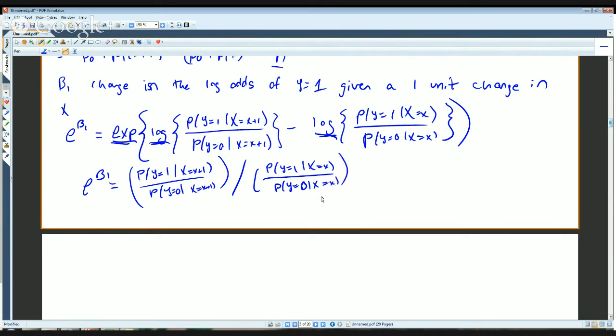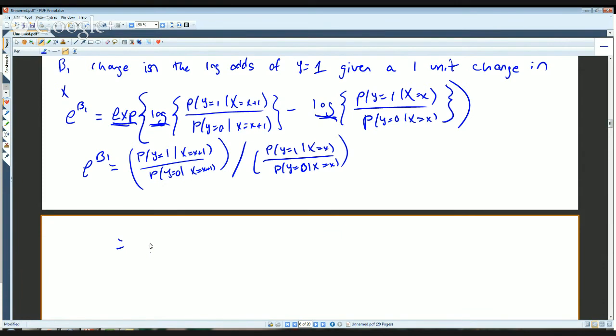So what is that? That's equal to the odds that y equals 1 given x equals x plus 1 divided by the odds that y equals 1 given x equals little x.